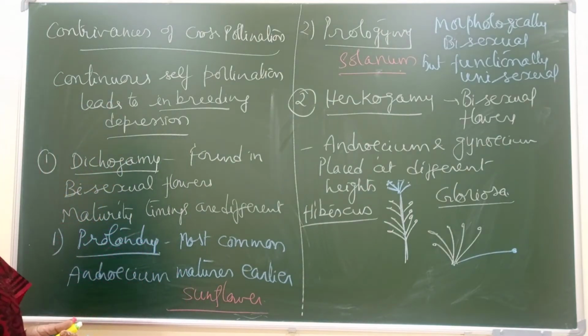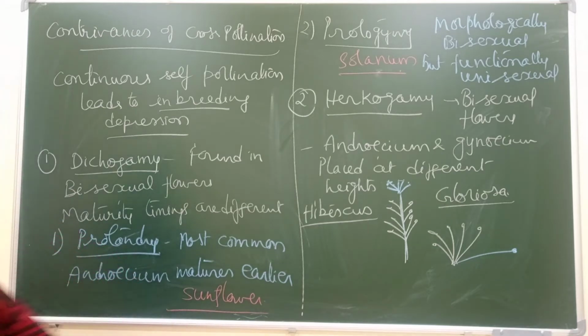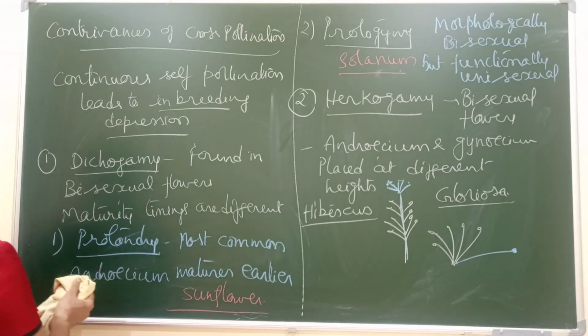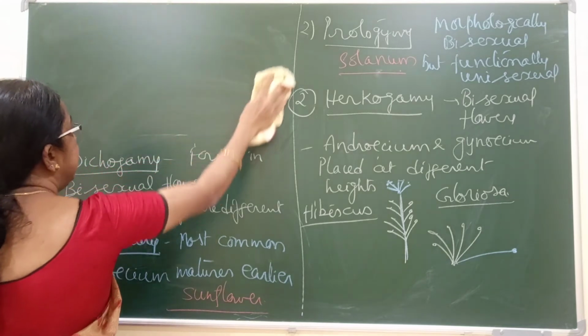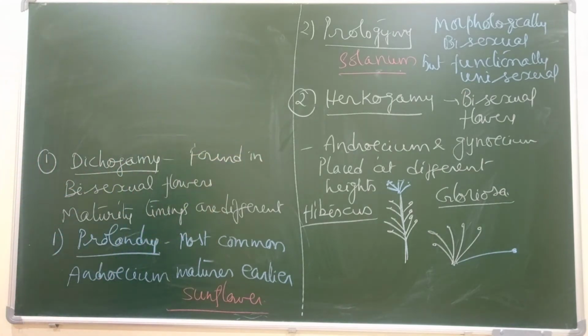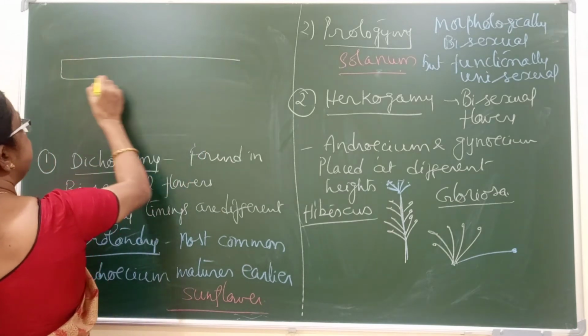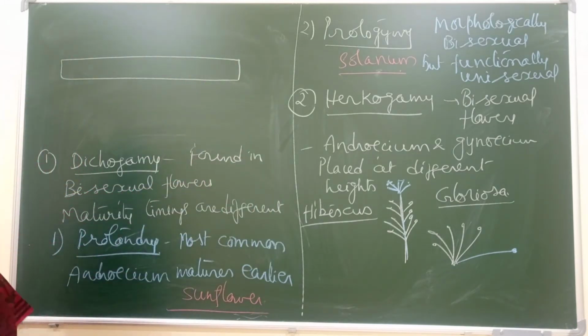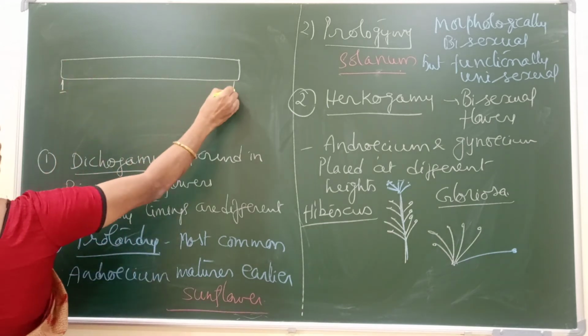I would like to extend dichogamy a little here. I have already given protandry. Suppose this is the time scale, from 1 to 14 hours.